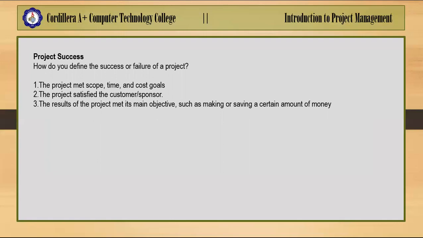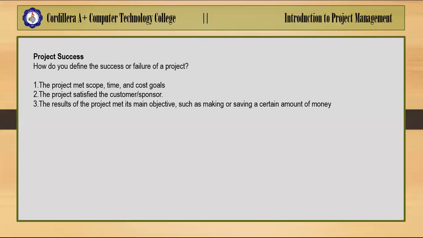So all 500 computers were upgraded and met other scope requirements. So the work was completed in 3 months or less, di ba? So imagine na lang natin. And the cost was kunwari 500,000 or less. So you could consider it a successful project based on this criterion.